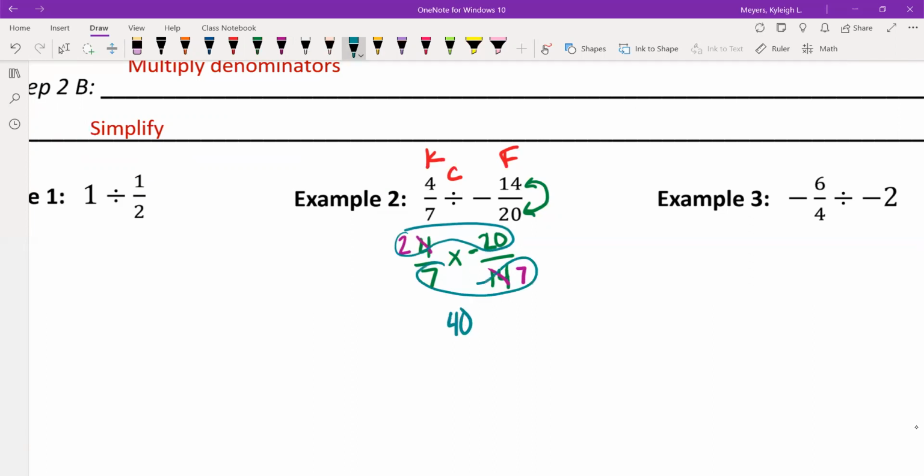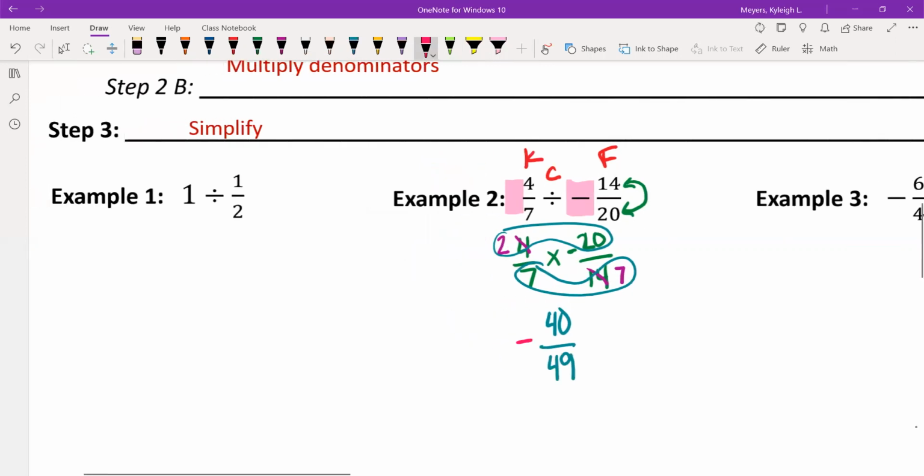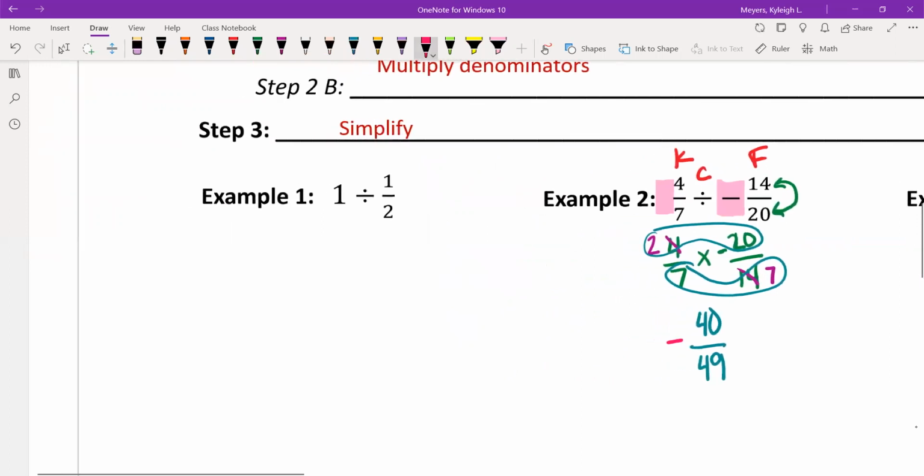And now we have 7 times 7, which is 49. And then we have a positive times a negative, so our answer should be negative. So the only thing that's different is that we need to flip that reciprocal. Otherwise, division just becomes multiplication, okay?